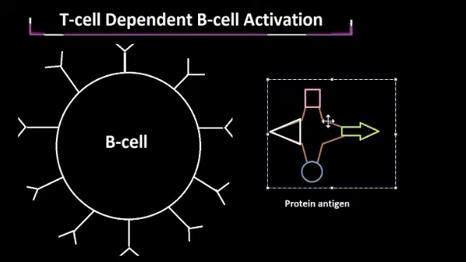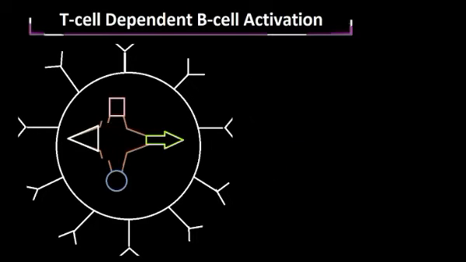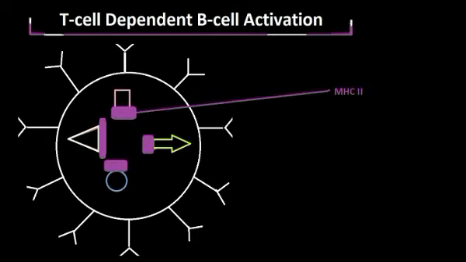The process starts when a B cell, using its B cell receptor, binds to a specific epitope. The whole antigen enters the B cell. The antigen is then broken up and then combined with major histocompatibility complex 2, simply put, MHC2.